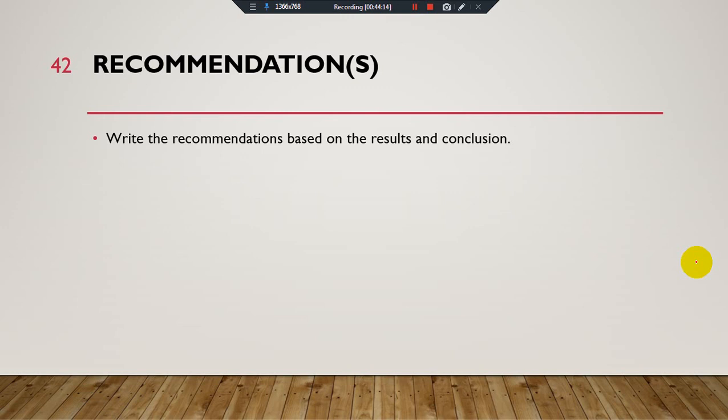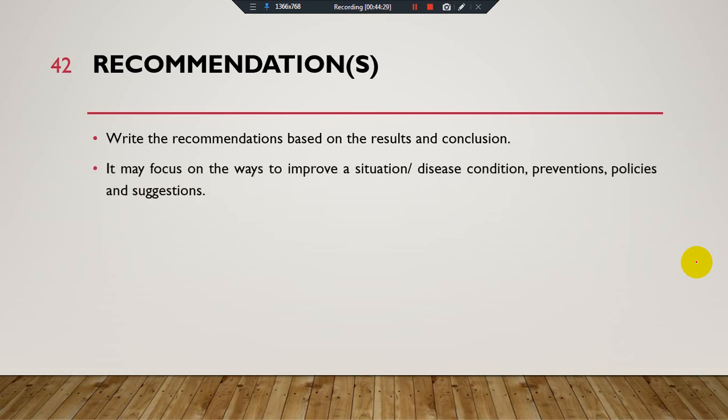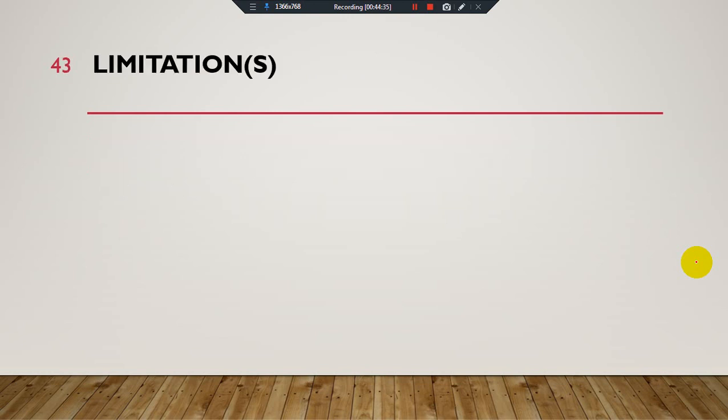So your recommendation is totally based on your estimated results or the variables you used rather than other guess-like things. It may focus on ways to improve the situation, like disease condition, prevention, policy and suggestions.